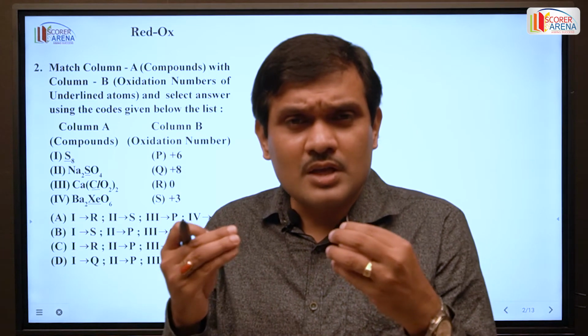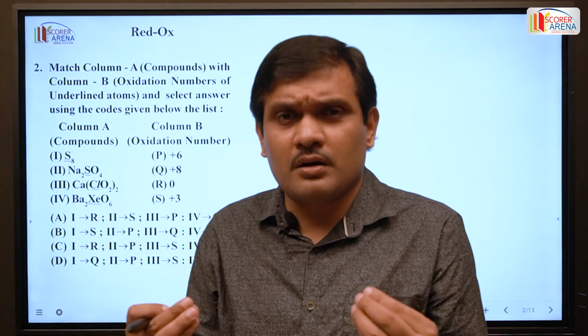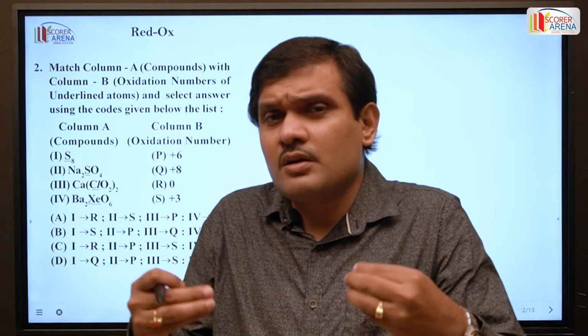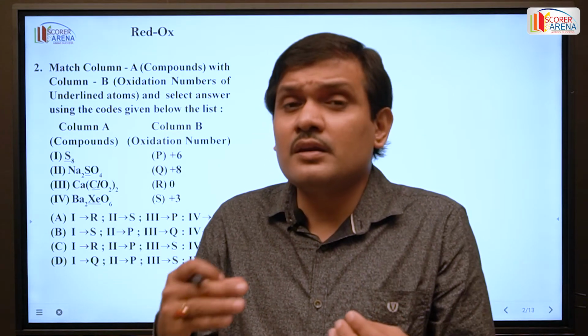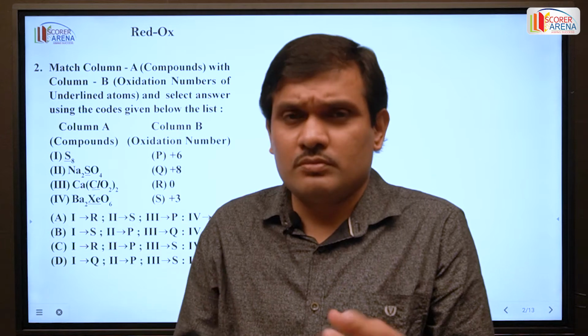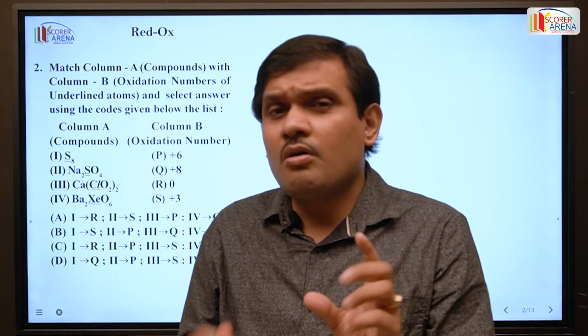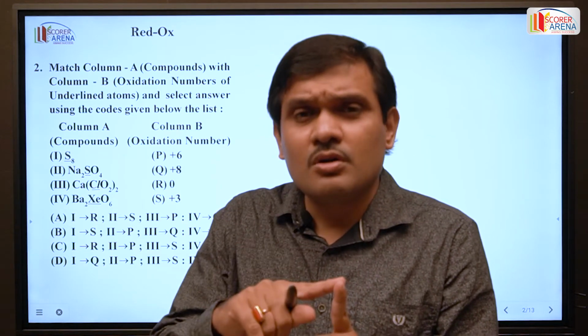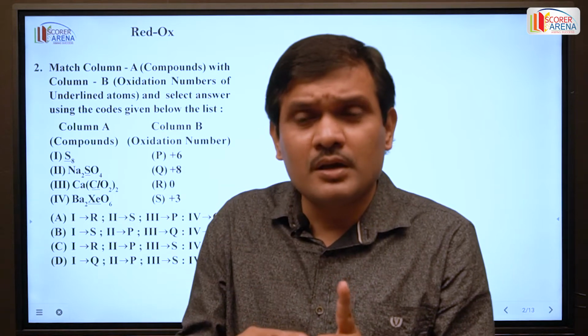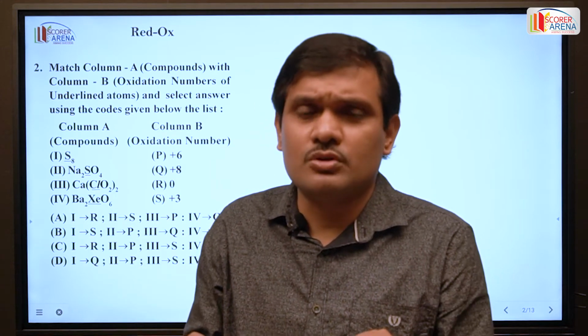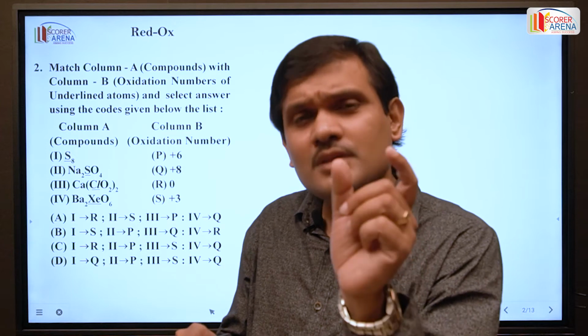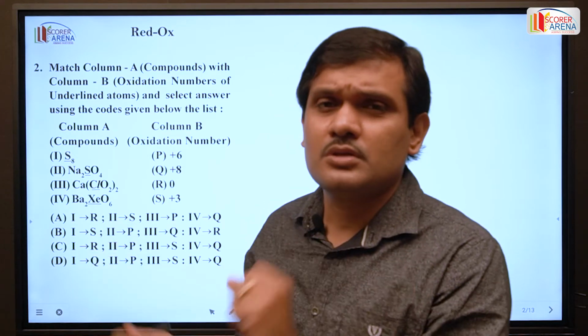For any compound, the algebraic sum of the oxidation numbers of the different atoms will be equal to 0. We have to apply this simple idea to solve this problem.